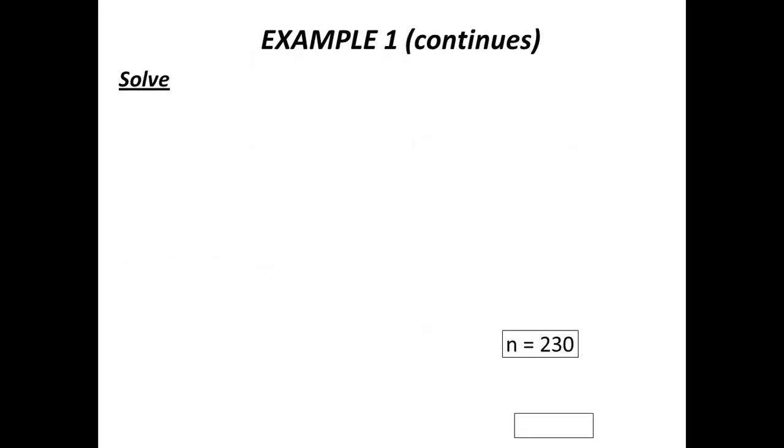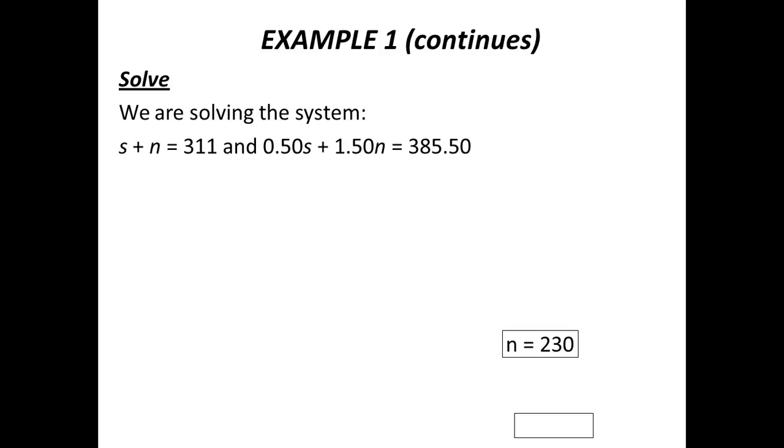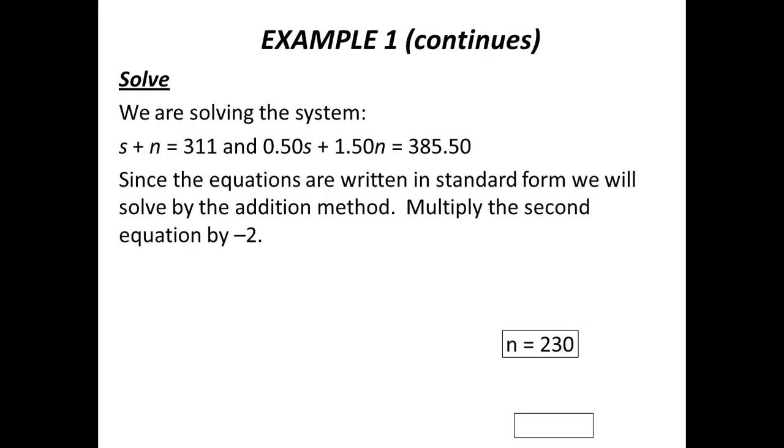Example 1 continued. Let's solve the problem by solving the system using any method. We're going to take S plus N equals 311 and 0.5S plus 1.5N equals 385.5. Since the equations are written in standard form, we will try to use a substitution or an addition method here.